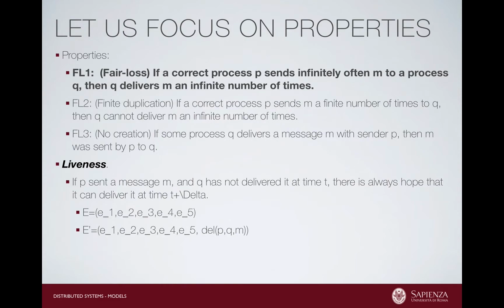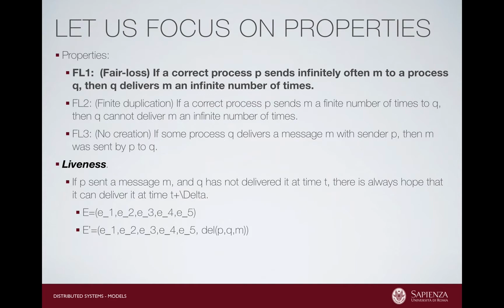The solution is FL1. FL1 is a liveness property because it says that if you send a message infinitely often, it will be delivered an infinite number of times. Let's try to find a finite execution where this property is not satisfied. If P sends a message M and Q has not delivered it not even once by time t, there is always the hope that it can deliver it at a later time.